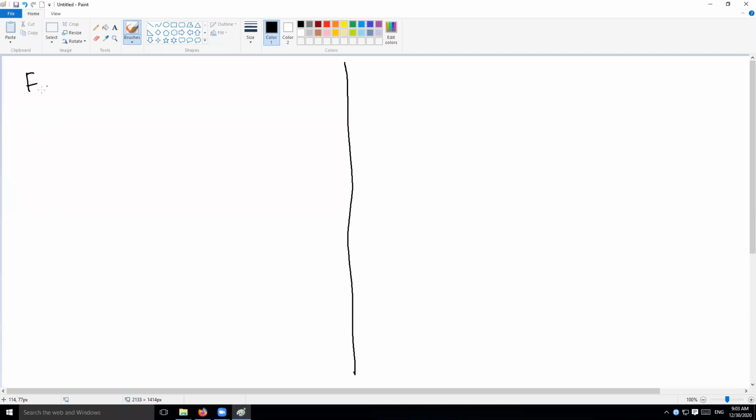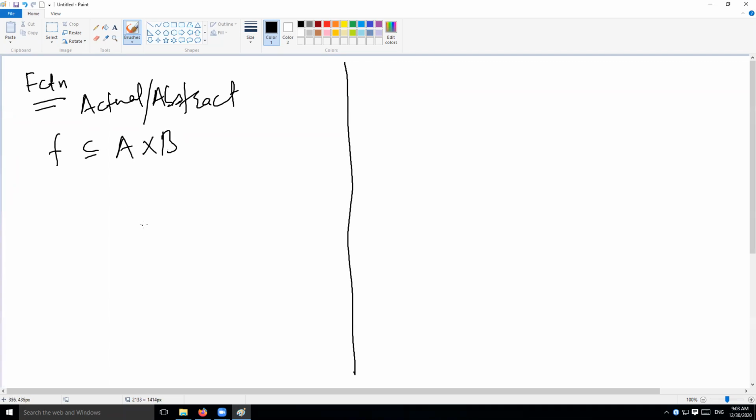How did we define a function? So there were two levels of definition of function. One was the actual definition, the abstract one. Okay. Abstract one, that a function f is basically a subset of the cross product of two sets.